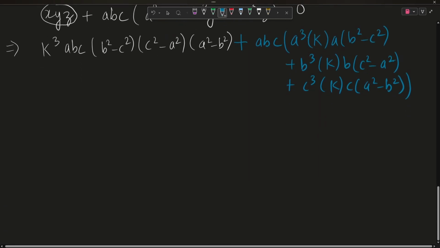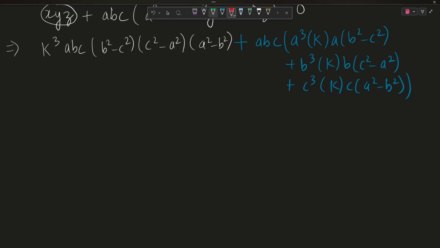Now I can sense something common which is coming in between these two parts, this part and this part.